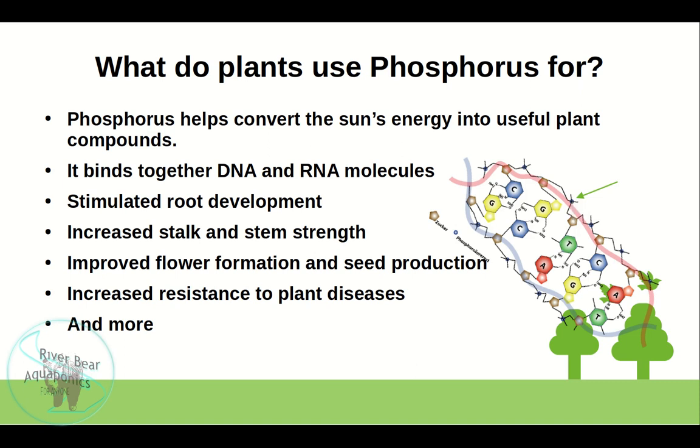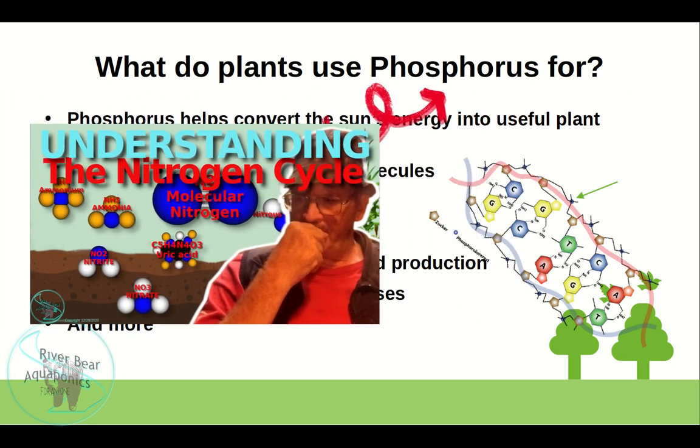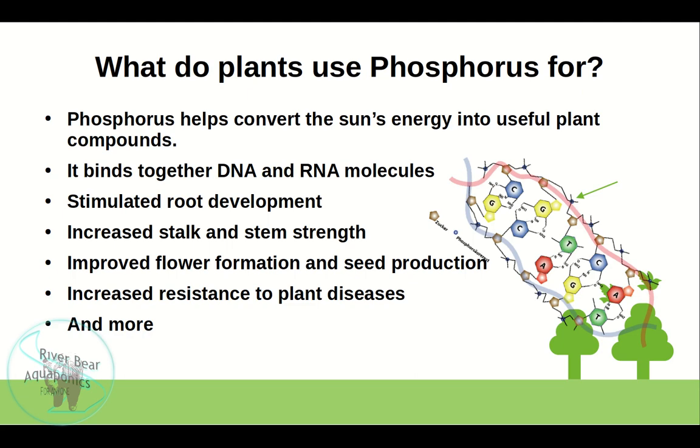It stimulates root growth, increases stalk and stem strength, improves flower formation and seed production. This is why when we are growing our tomatoes and such, when it's time to start fruiting our plants, we need a little more phosphorus in the ground as opposed to nitrogen. It also increases resistance to plant disease and much more.